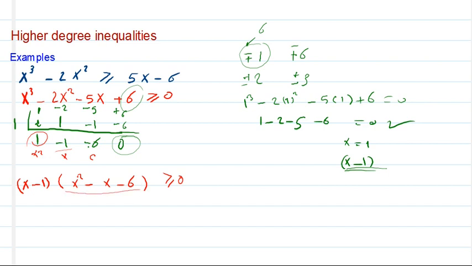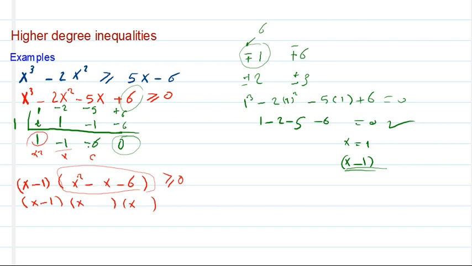Now this is a quadratic inequality, or quadratic expression. We can factor it by x and x. I want two numbers that when multiplied together give us -6, and when added to each other give us -1.